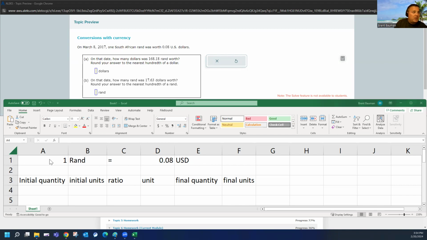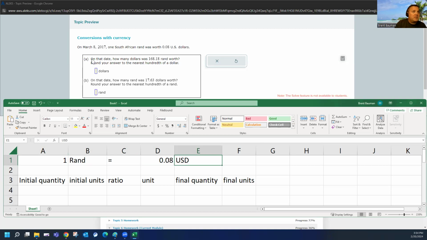I have it set up where one South African rand equals 0.08 US dollars. Notice how everything is in its own cell, like when we work with the DQs and major assignments, so that we can cell reference these. Okay, so let's start with what we have.